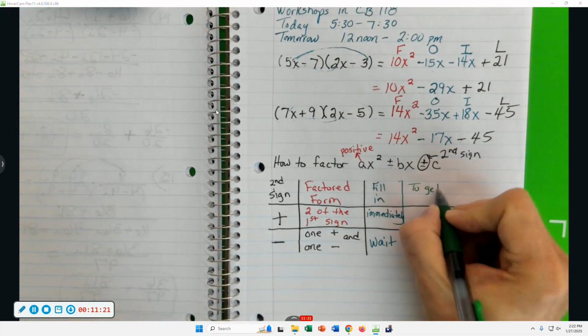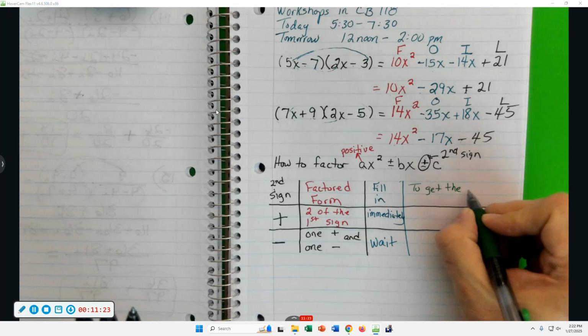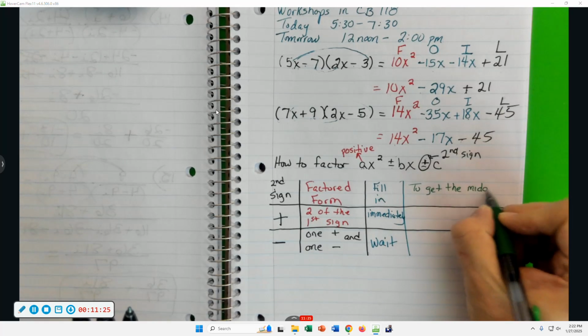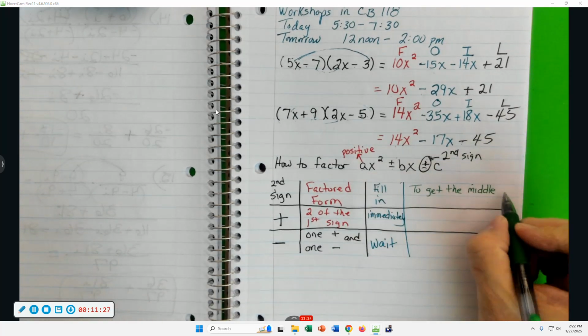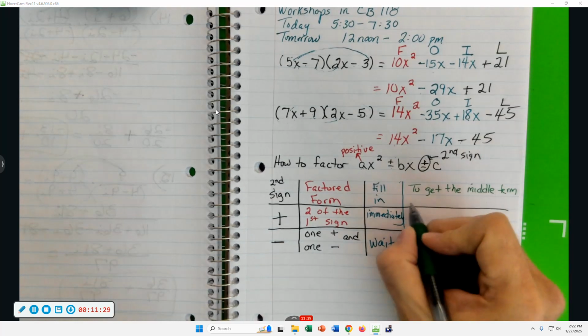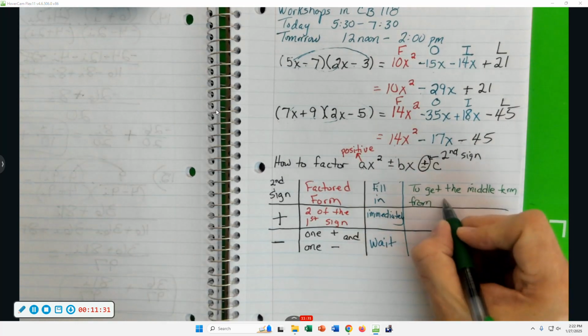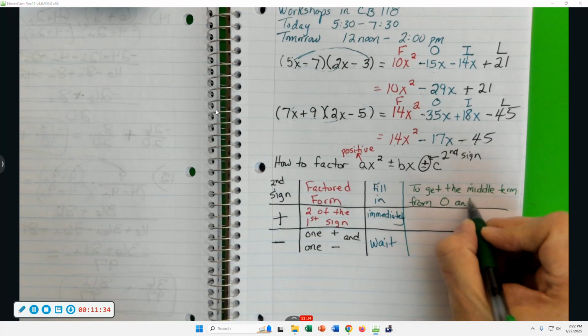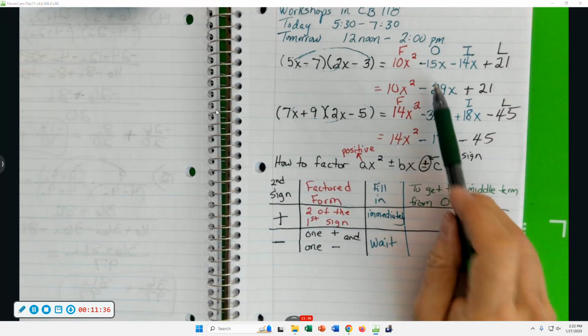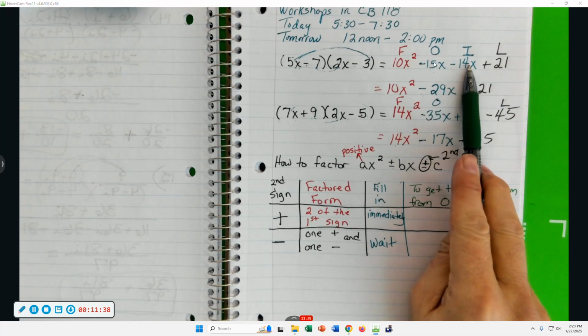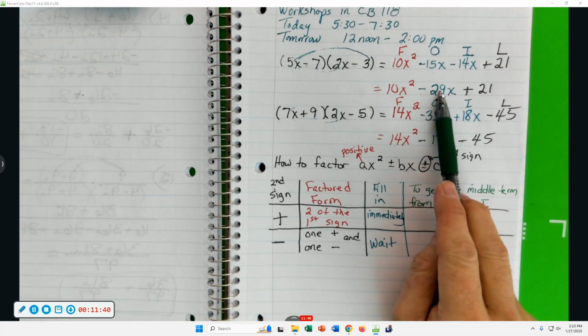To get the middle term from the outer and the inner, like right here, we combine the outer and inner to get that middle term.